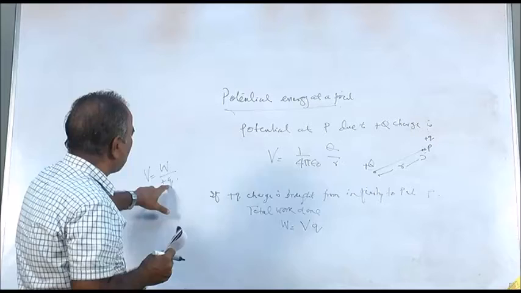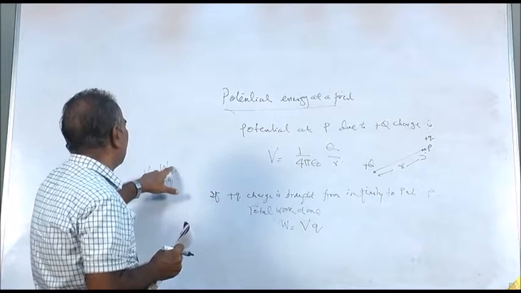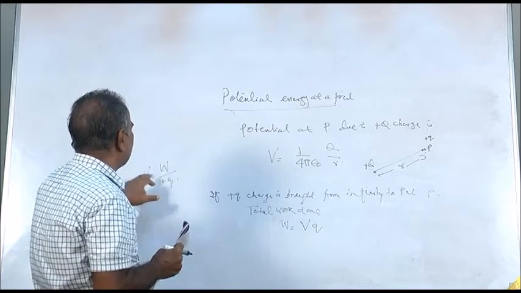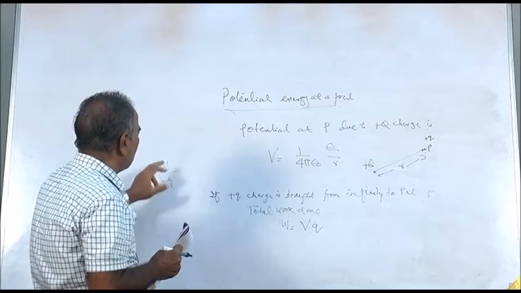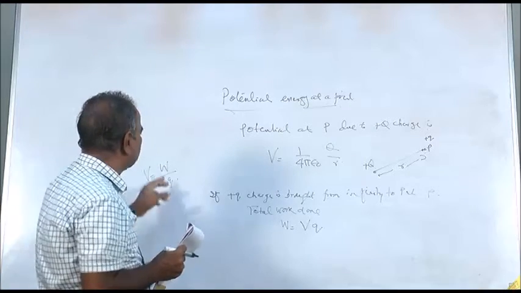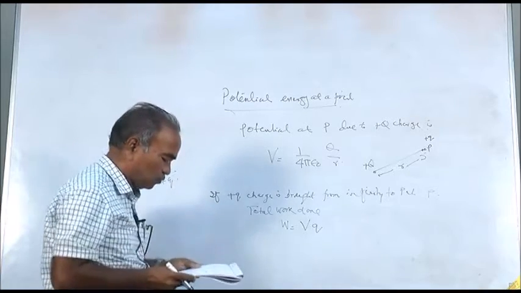If q charge is brought and the work done is W, then for unit charge it will be W by plus q, which is V. So W is equal to V into q.